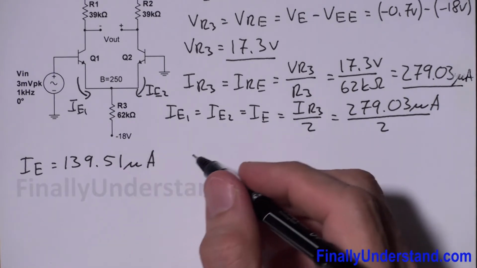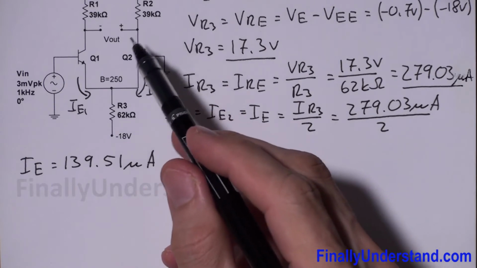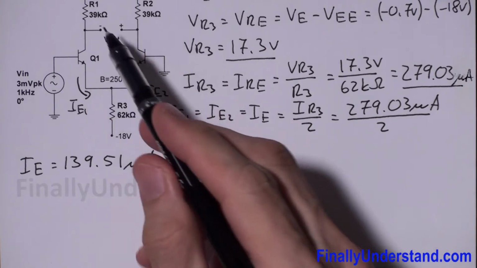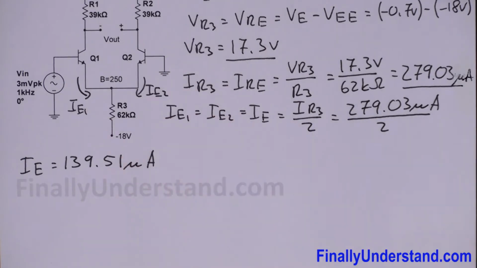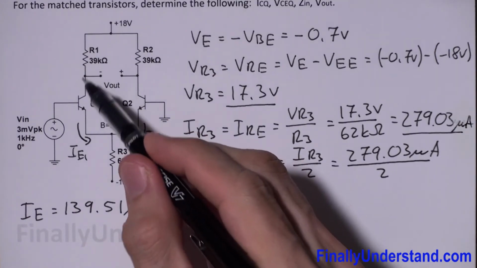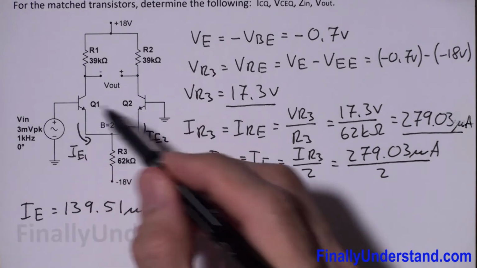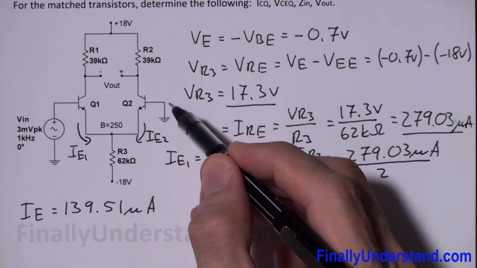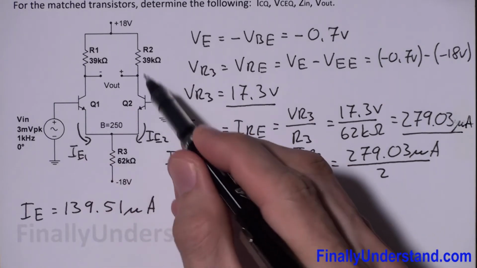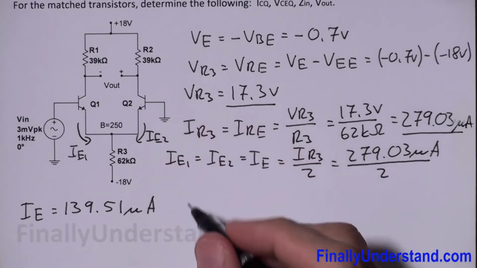Next, I'm supposed to realize that the current which goes through the emitter is approximately equal to the current which goes through the collector of each transistor. Why? Because the base current is very small compared with the values of IC and IE.